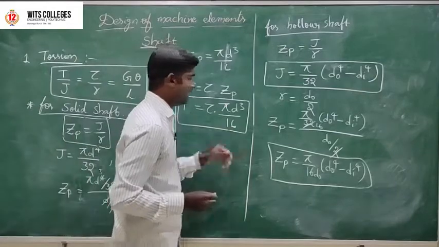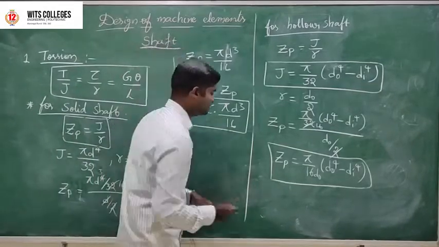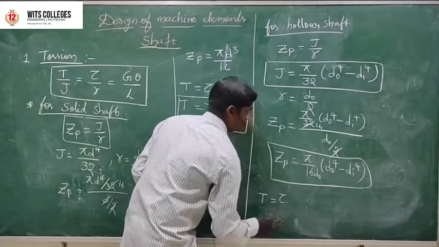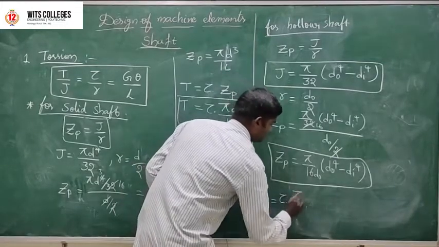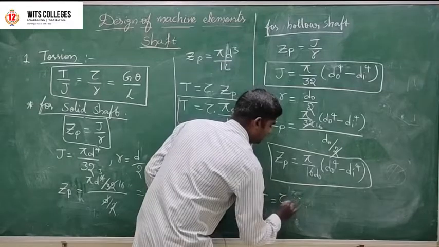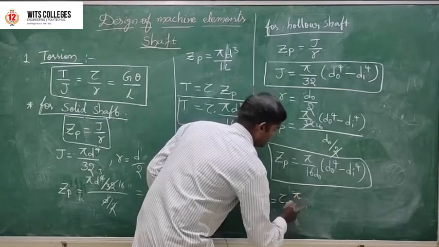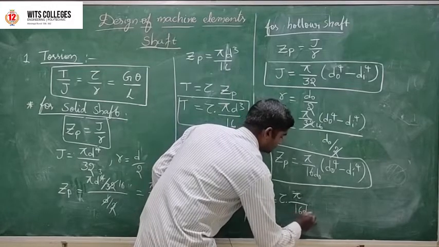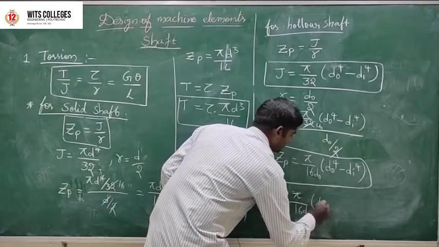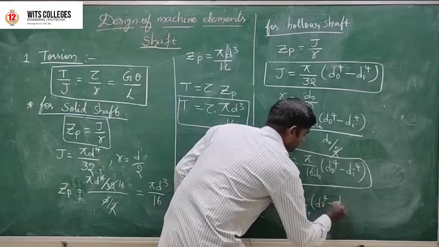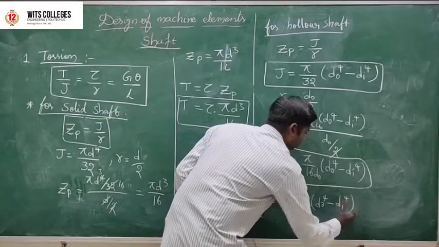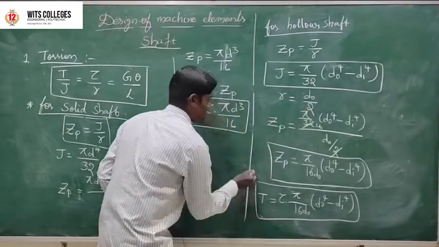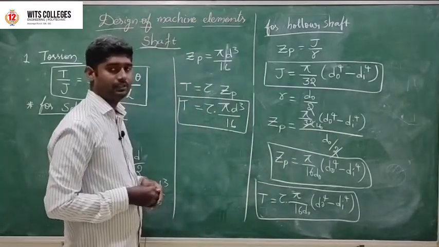For the hollow shaft, T is equal to tau into ZP, so T is equal to tau into pi by 16 into D naught power of 4 minus Di power of 4 by D naught. This is for the hollow shaft.